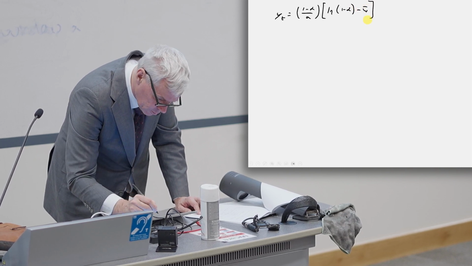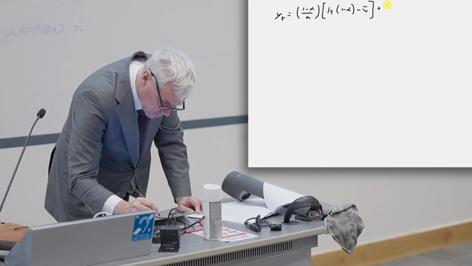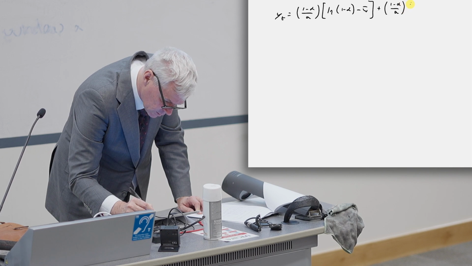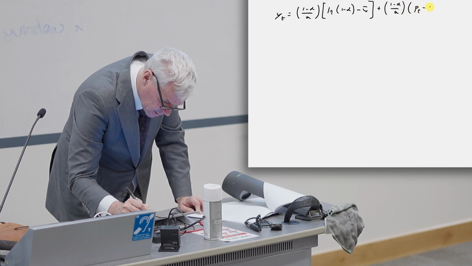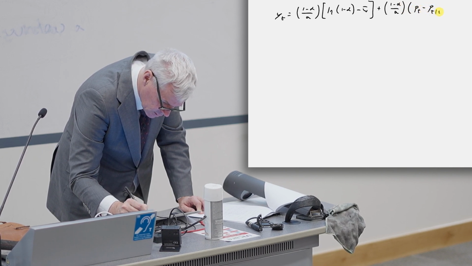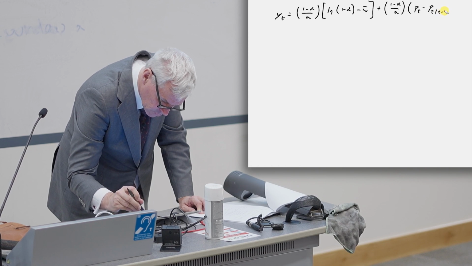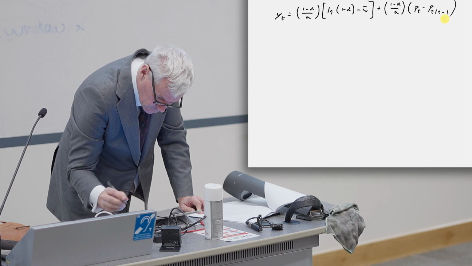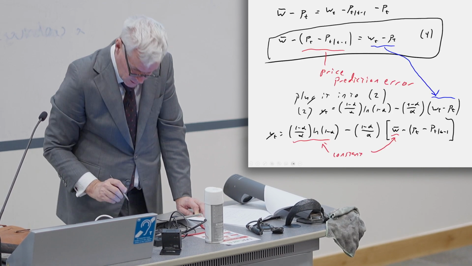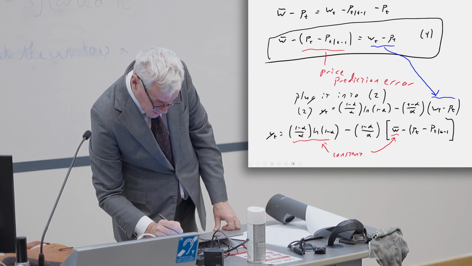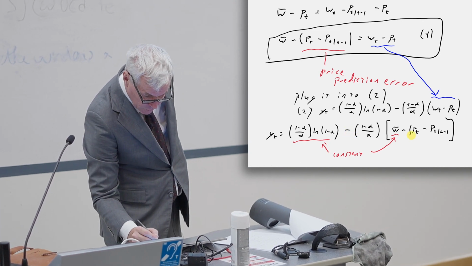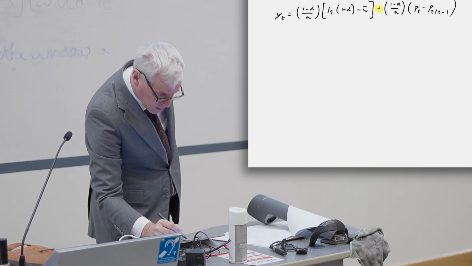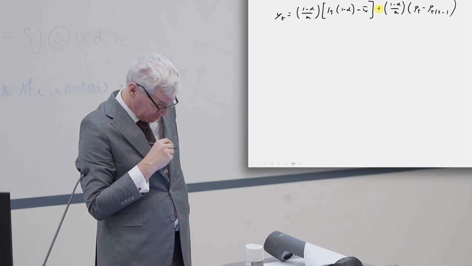That's all the constant terms, plus alpha over alpha, Pt minus Pt given t minus 1. So we go back. Notice here we've got a minus, but we've got a minus inside as well, which is why it turns out plus there, right?